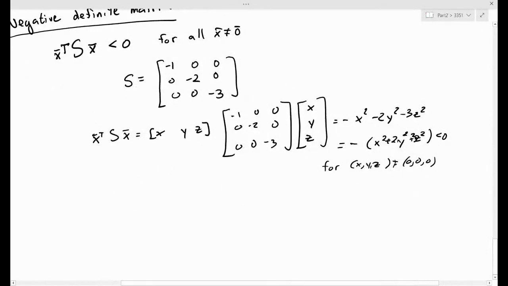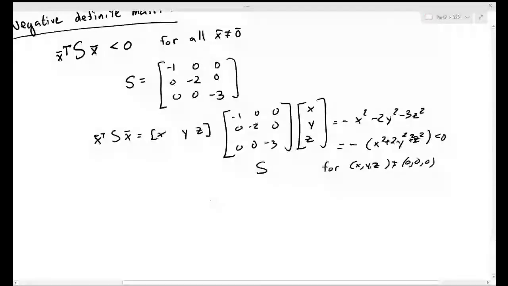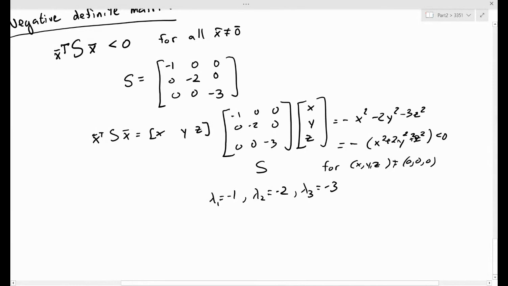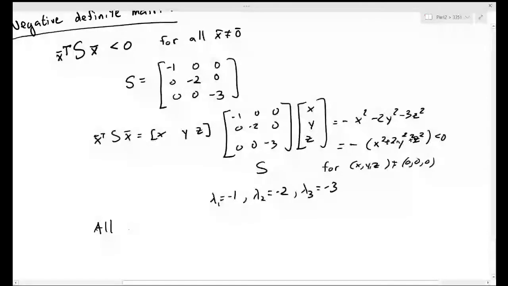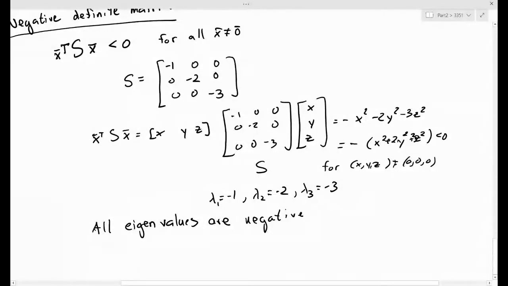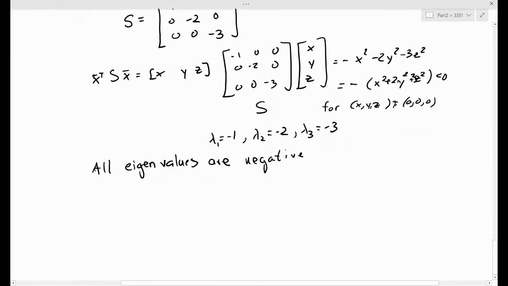Okay, so notice that because we're looking at a diagonal matrix S, the eigenvalues are simple to find. The eigenvalues would be all negative. So an equivalent statement for a negative definite matrix is that all eigenvalues are negative. Okay. And notice then if I take the determinants of these principal minors, what happens?